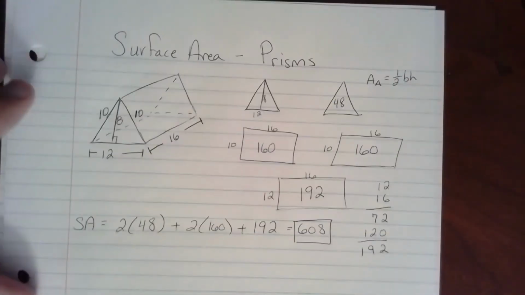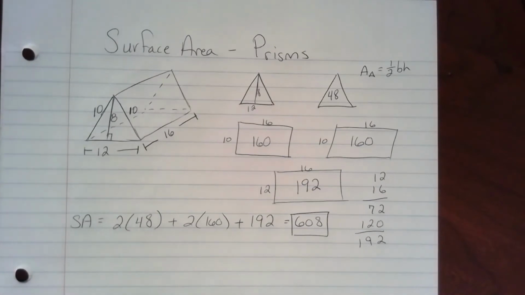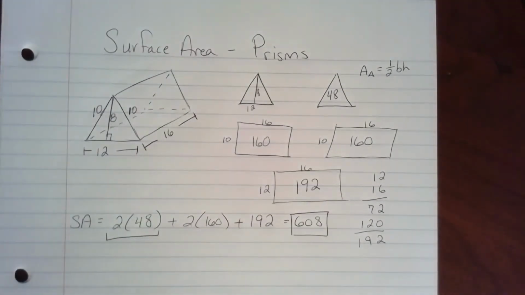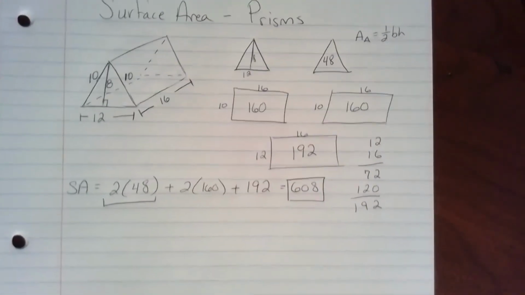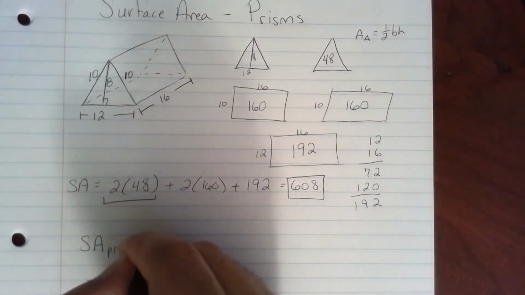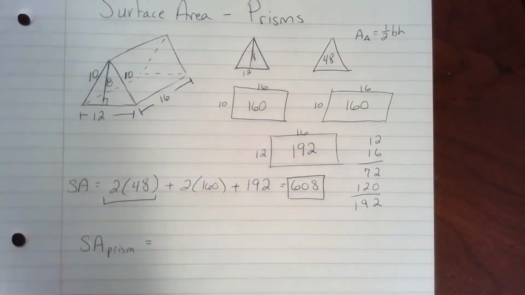Now, in the long run, if you do a lot of these problems, patterns will pop up, things will keep happening as you go. The main thing here is that this part is going to be very familiar as you move through these problems. All prisms are going to have those same corresponding bases.